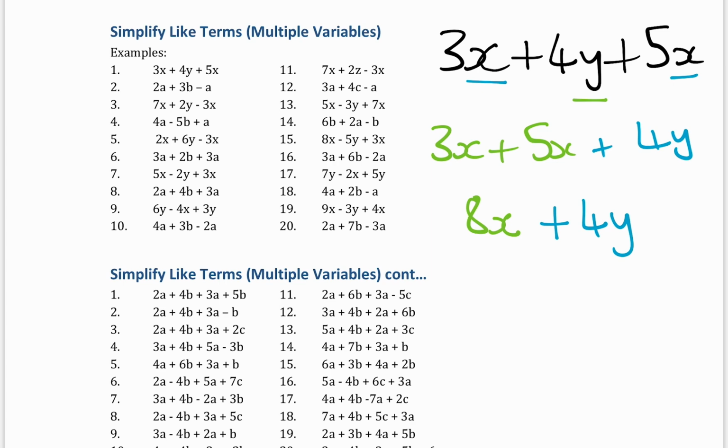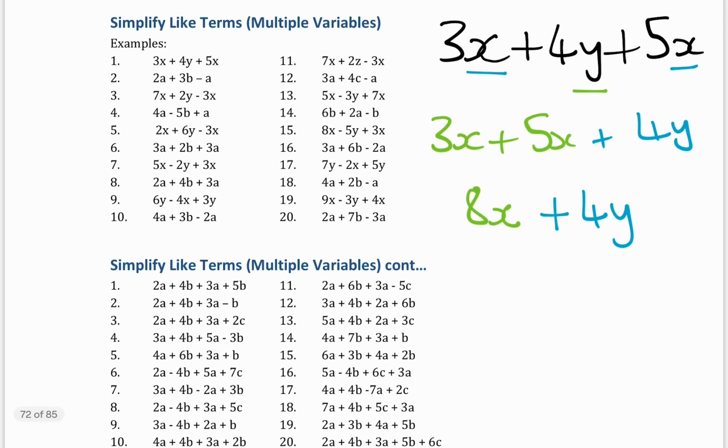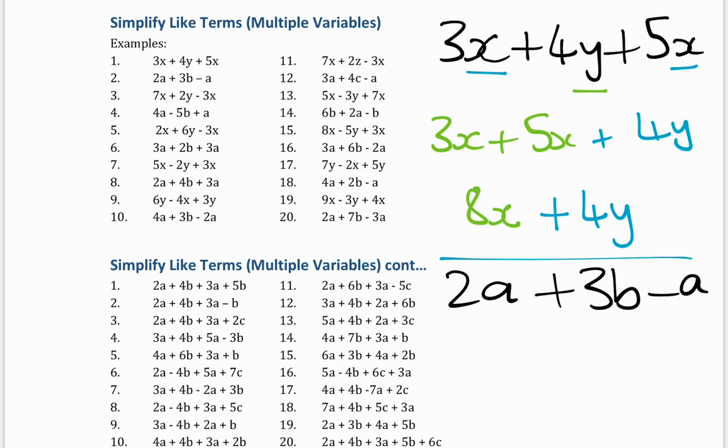Okay, so let's do another one. Let's do number 2. So if we have 2a, write it in black, we have 2a plus 3b minus a. Again, look at the like variables. Let's just highlight them. So we have an a over here, we have another a, and we have a b.